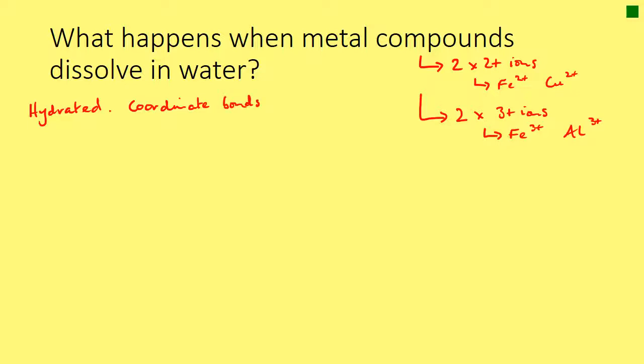Which you'll remember are bonds whereby one of the lone pairs is provided by one of the molecules, in this case water. So the lone pair provides both of the bonding electrons to make a coordinate bond between the water molecule and the metal ion.